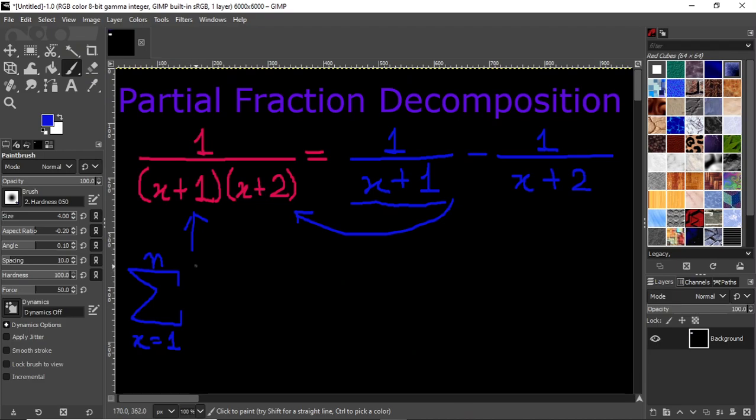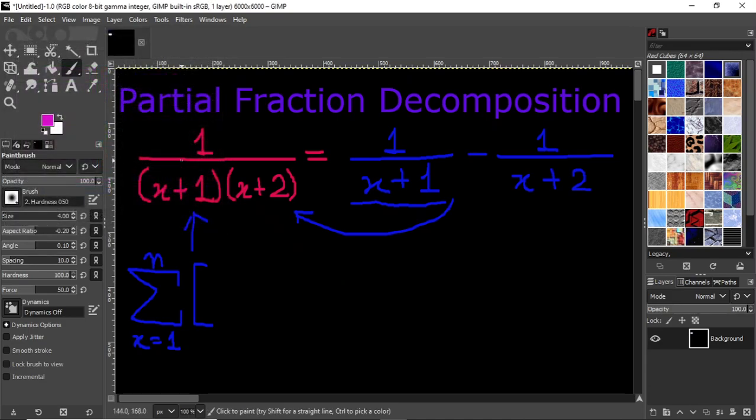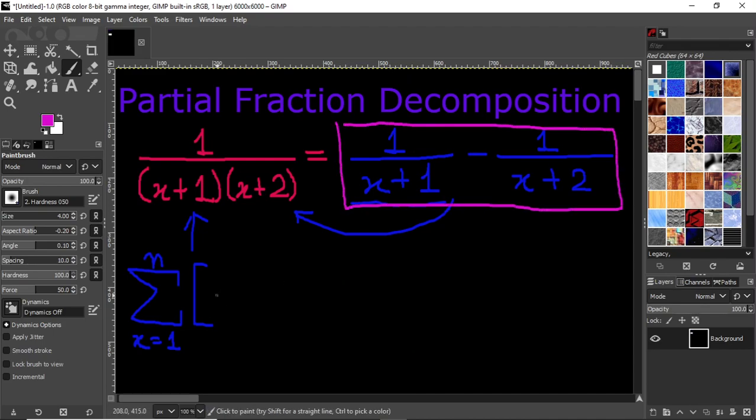If you're trying to do this using this one, it would be pretty difficult. However, if you use this form, then you're going to get this as the answer.